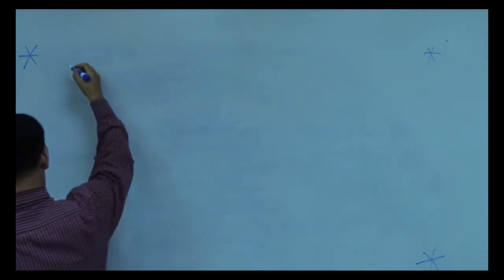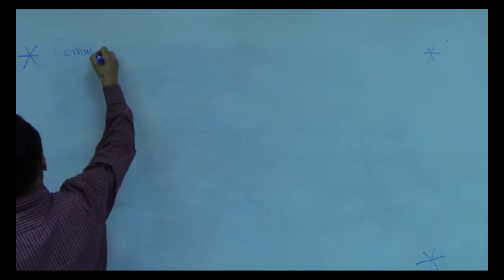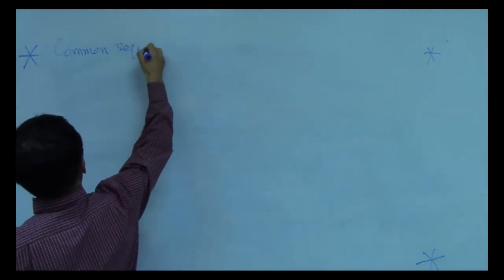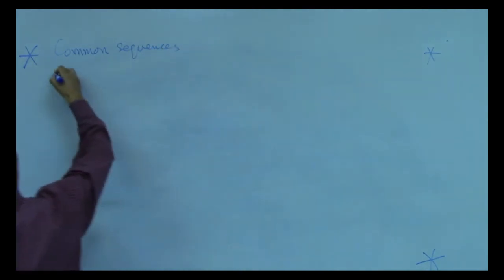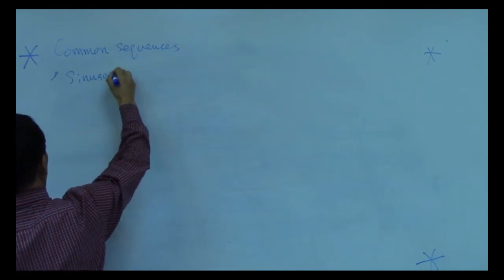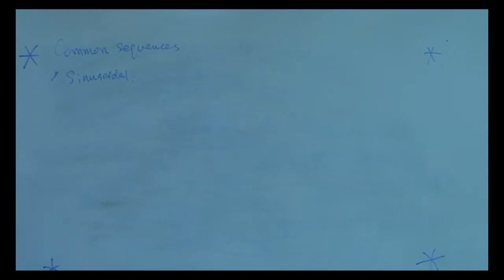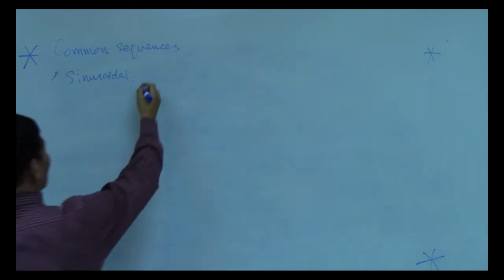Alright, next we discuss common sequences. First one is the sinusoid. Now you imagine in continuous time, x(t) equals A times cosine omega t. Now this one is almost the same thing.